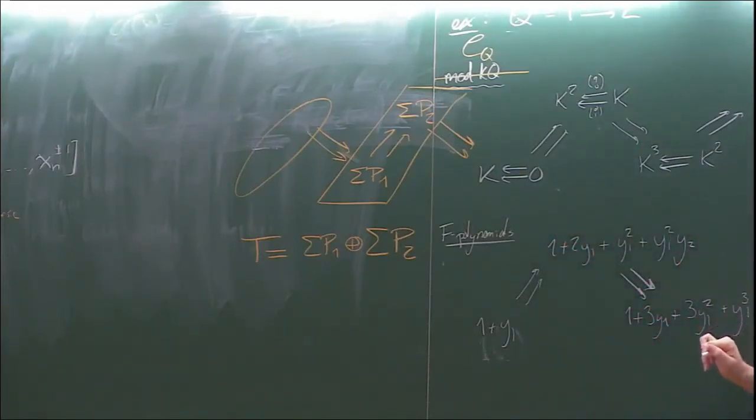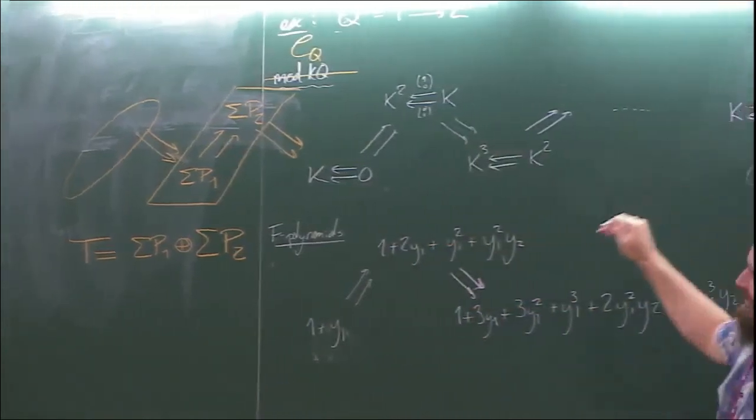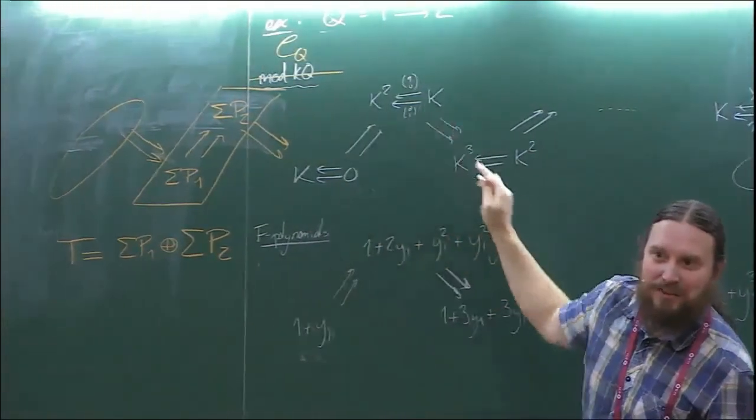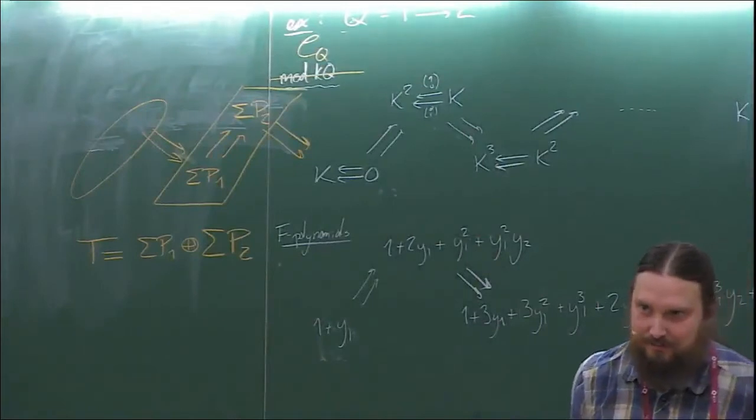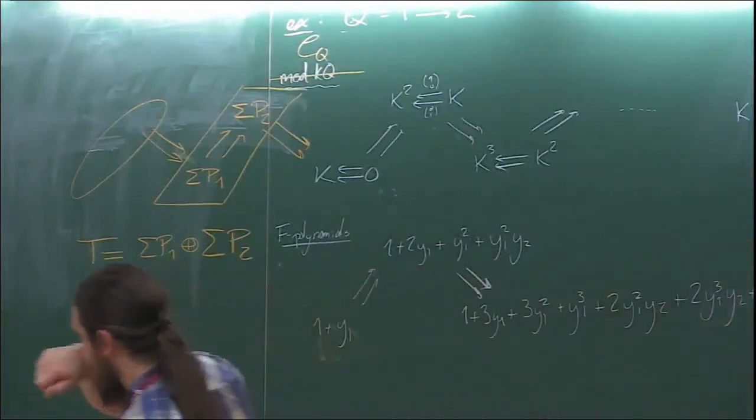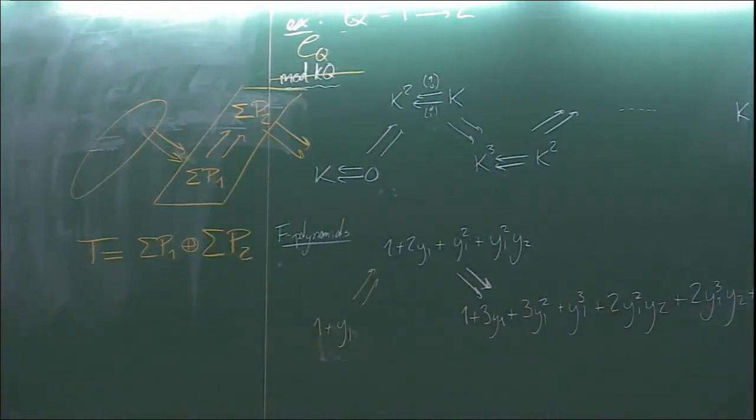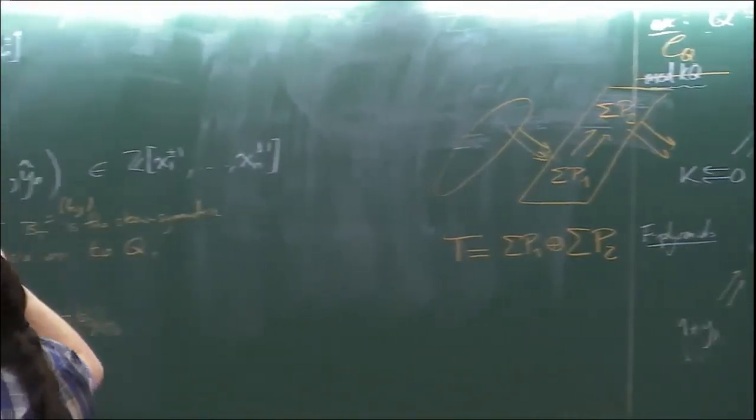So I can identify the objects in the cluster category with the modules drawn here by making this choice. Leave this here.